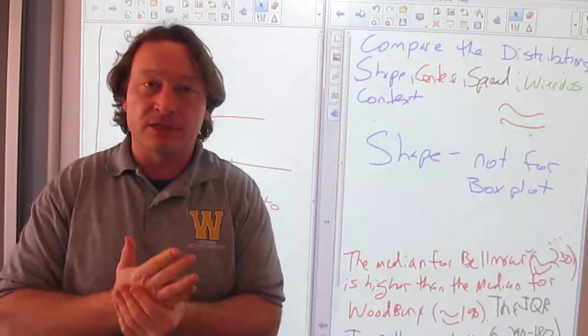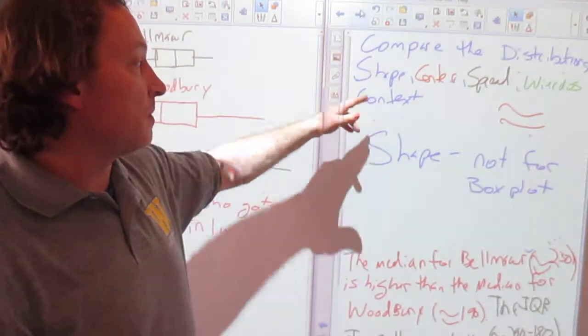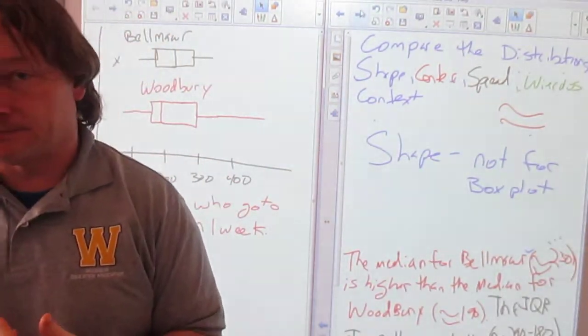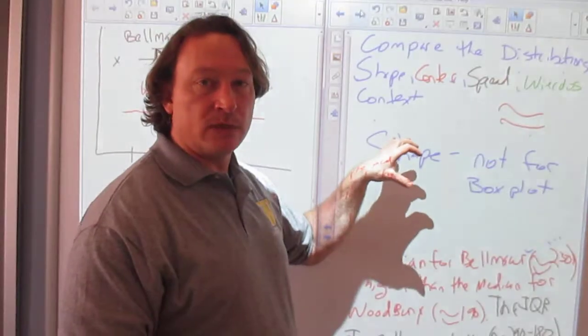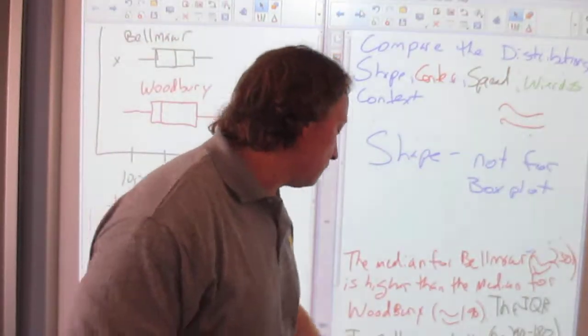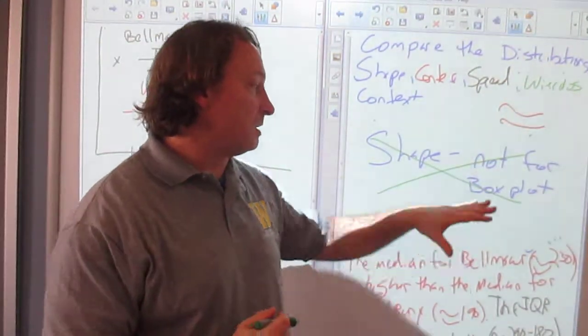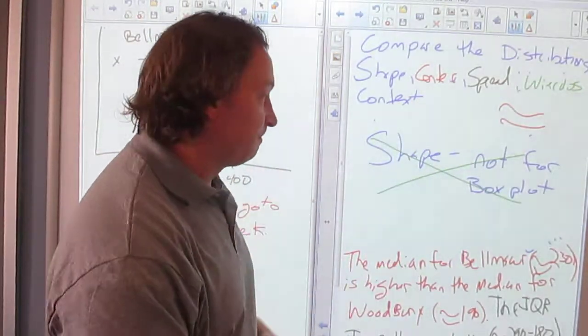Whenever we have a describe the distribution question or a compare the distributions question, we need to talk about shape, center, spread, weirdos, and it has to be in context. For box plots, however, when we talk about shape, we can't. And again, that's going to be in a different lesson. But know for now, when you're answering this question, we don't need shape for box plots.